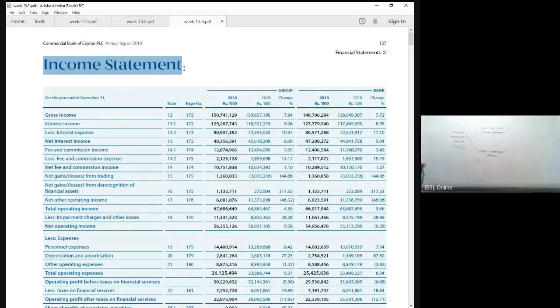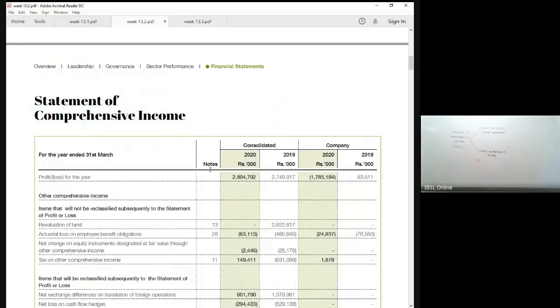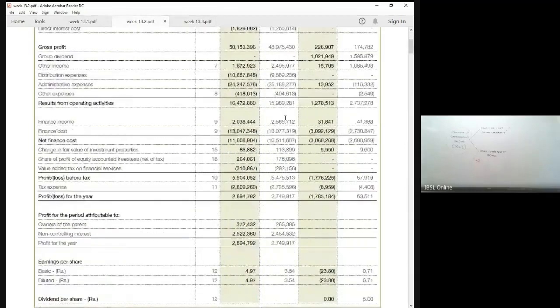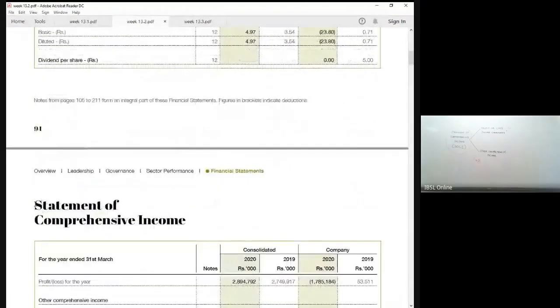Then what the companies do is they combine these two and give the second statement. Now let's go to Haley's. You will see what Haley's have done. Their first part is statement of profit or loss. The second part of them is statement of comprehensive income. That is what I told you. So they combine both and give it as one particular statement of comprehensive income.